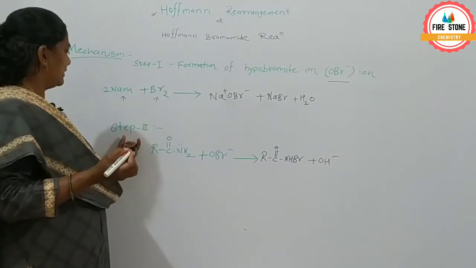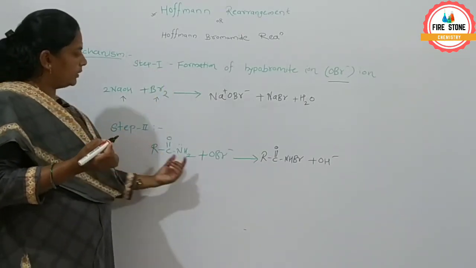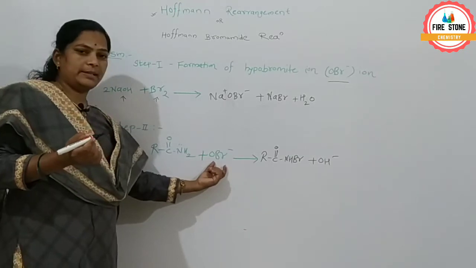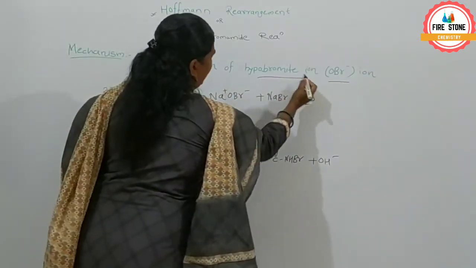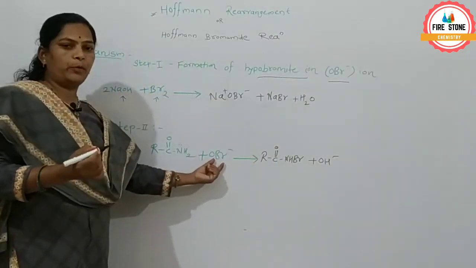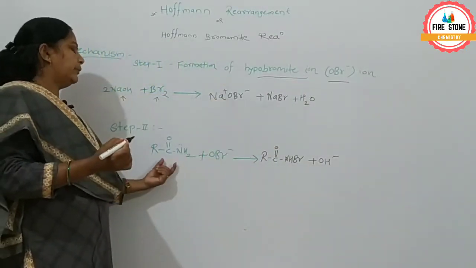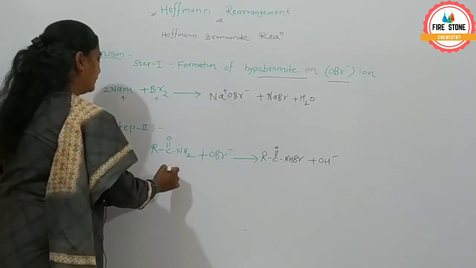In the next step, this OBr minus, that is hypobromite ion, reacts with our amide.